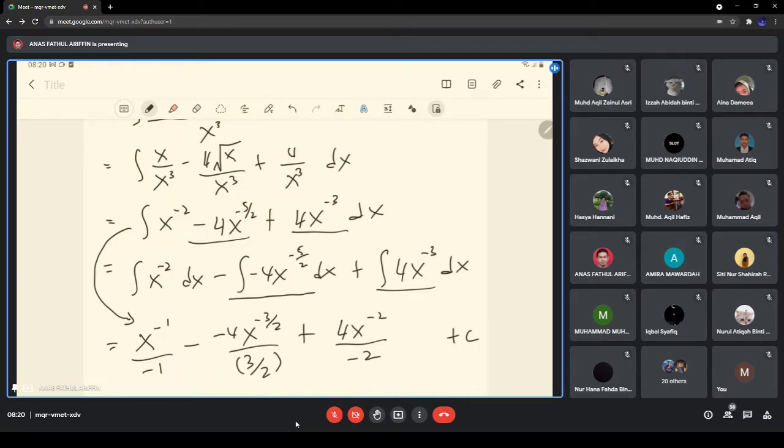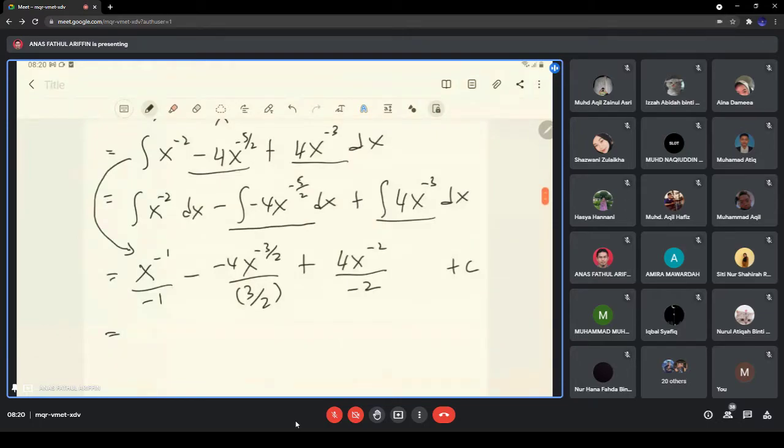Okay, so we rearrange. So this one, we have negative 1 over x. And then plus this one become plus, so 4 over 3 over 2, we have 8 over 3, and then x power of 3 over 2. And then plus, not plus, minus. Okay, minus.